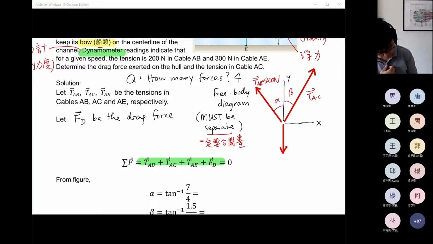TAE, 300 newtons. And the last one is the drag force here. FD, of course, is towards the right.